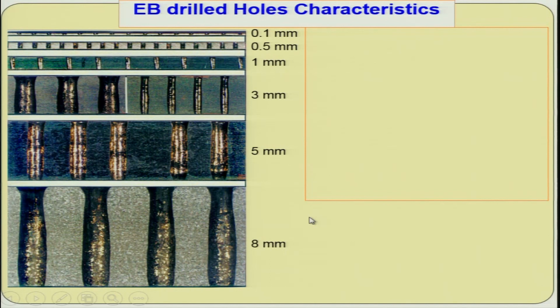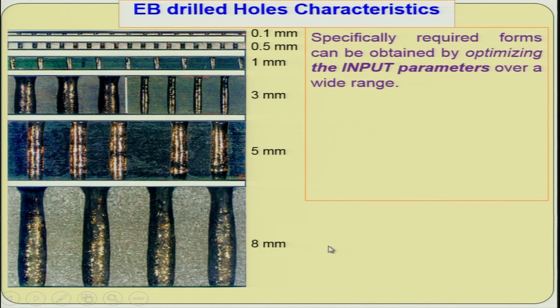Now, you can see the shape and size of the hole. At the top it is a different shape, then it is a bell bottom kind of shape, and finally at the bottom exit side the diameter is small again.